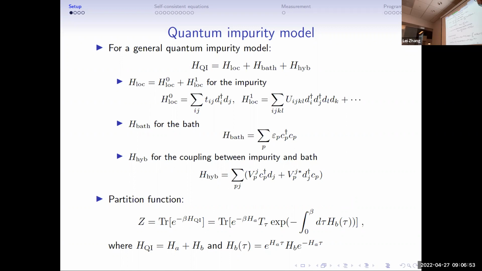Your notation for the H local is very much non-standard. Right? Yeah. U IJKL, D I dagger, D J dagger. That's very different from how it's standard. It is right that you have to have KL here, but LK in the other. That's right, but okay, fine, go on. This is in 1122 notation, right?